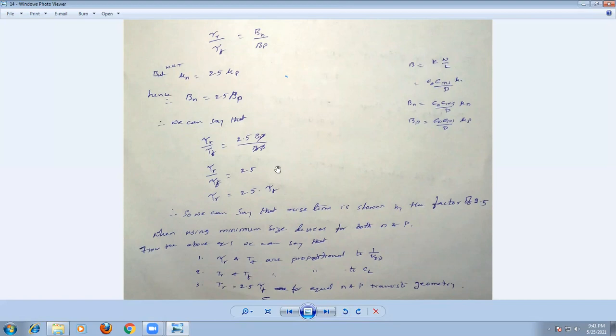From this equation, we can analyze that we are assuming this is for a minimum size transistor. Remember, for minimum size transistors this condition is satisfied.